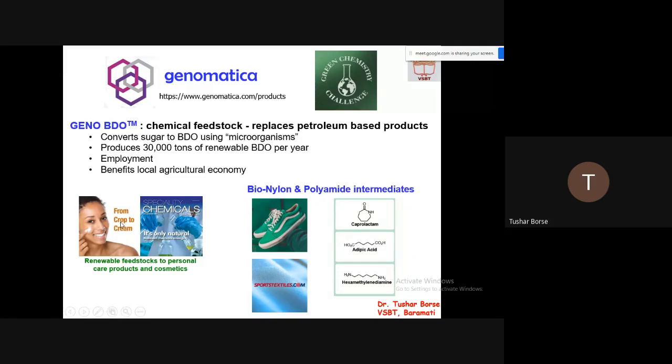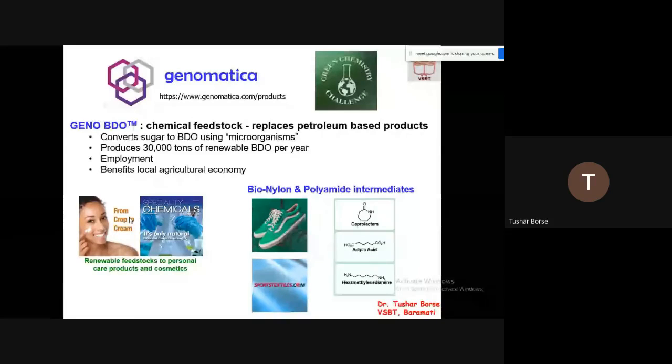So from crop to cream means they have created feedstock from the crops, that once you got the grains, whatever is remaining, they have worked upon it and tried to obtain the cream which can be used in your cosmetics, right?